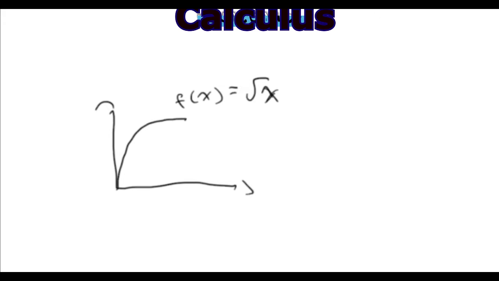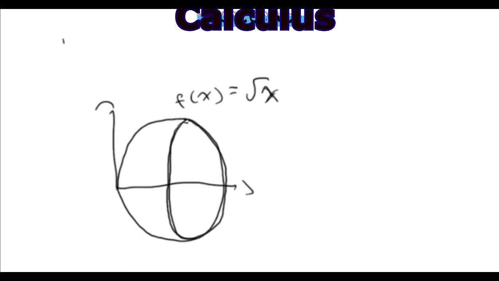This function revolves around a kind of circular shape, and this creates a volume. And note that the area of the circle is equal to pi r squared.